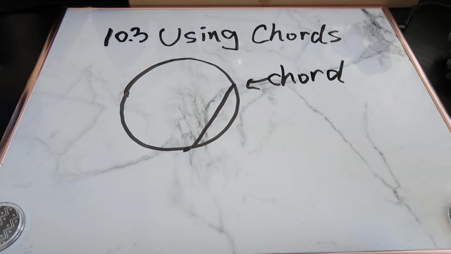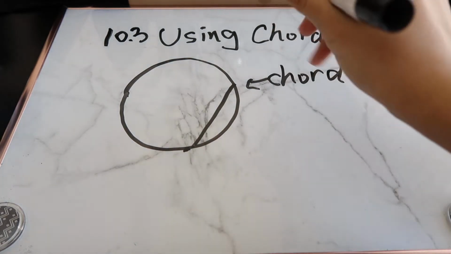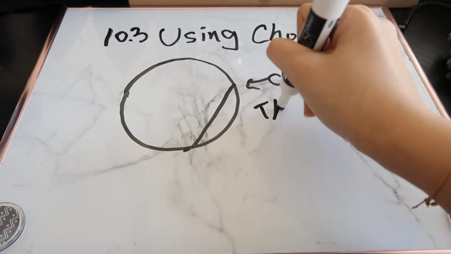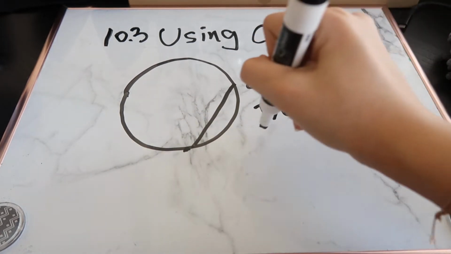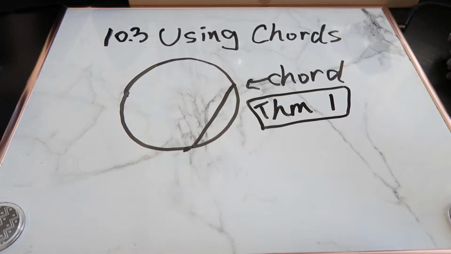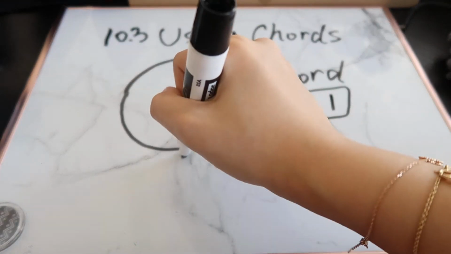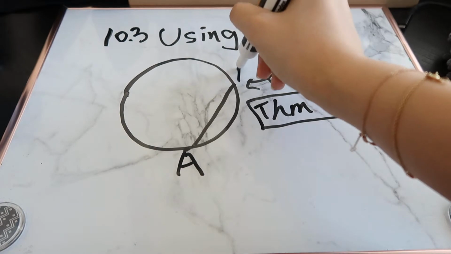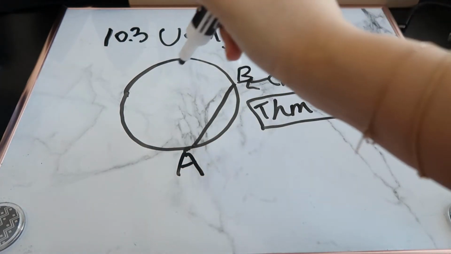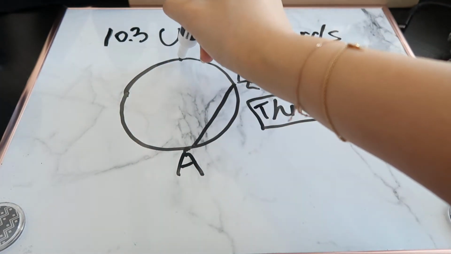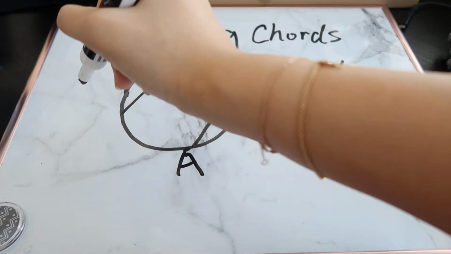So now what we're talking about, theorem number 1, is that, let's say we have this one chord called AB, and then we have another chord on this side called CD.